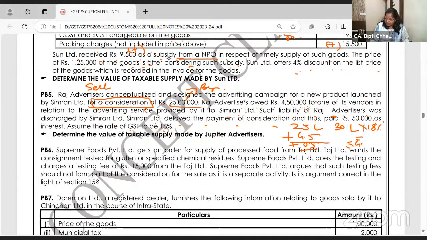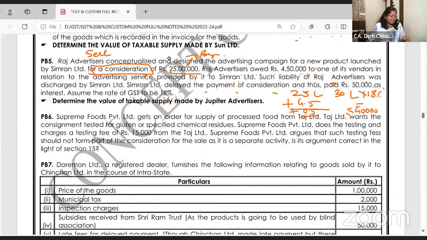That is 5,40,000. Consideration, it's not written that it is inclusive. Okay, clear to all of you?